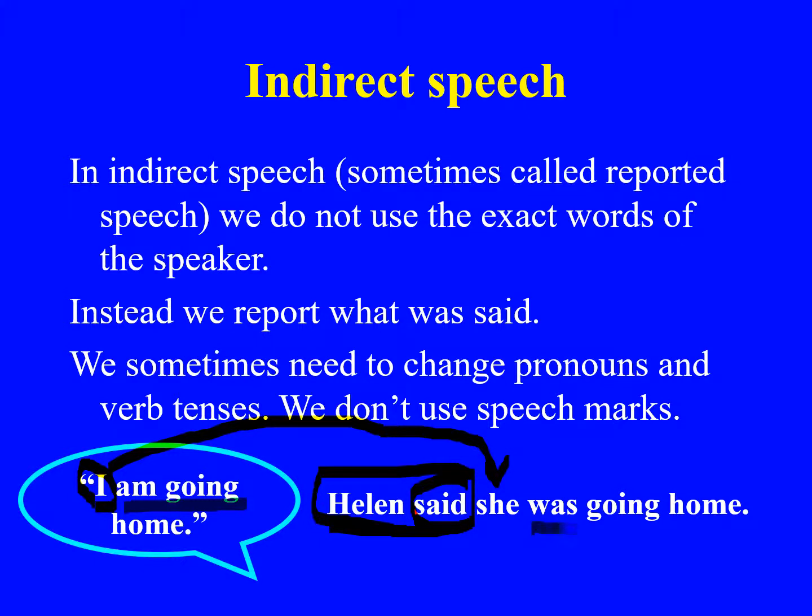We change it to the past continuous. So be careful with that, please. And of course, we don't have to forget the inverted commas. Here we don't have them anymore.